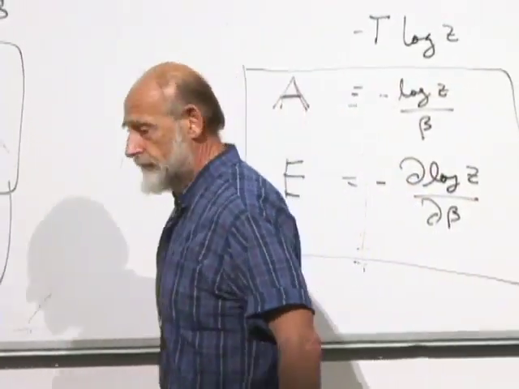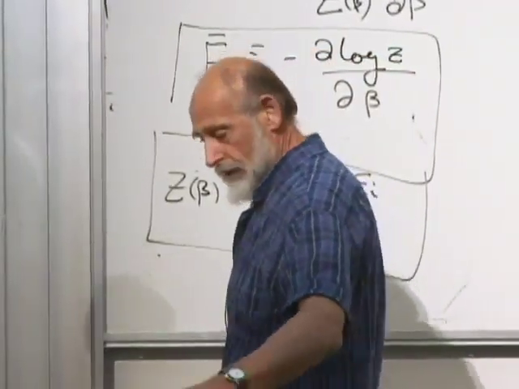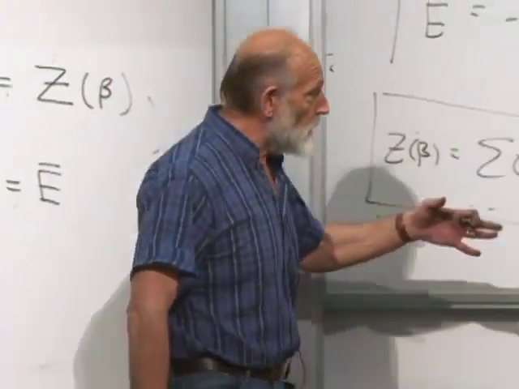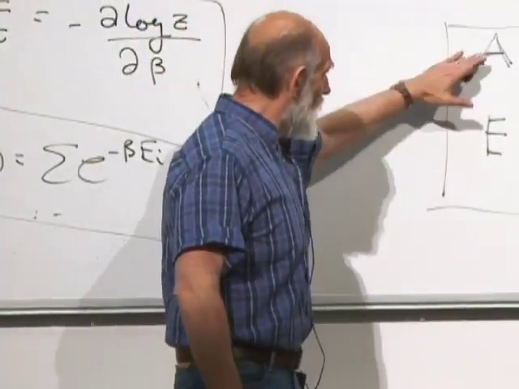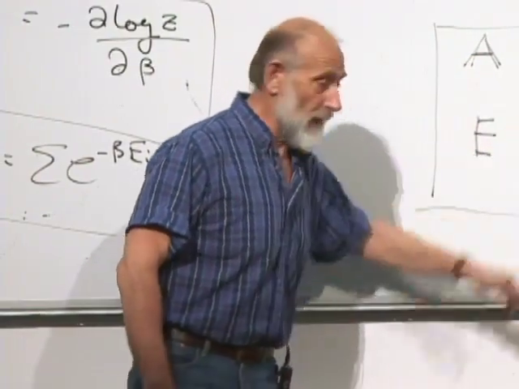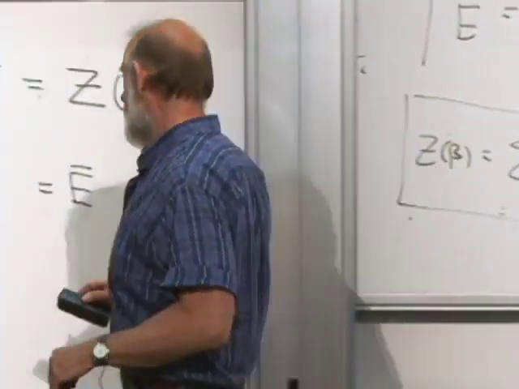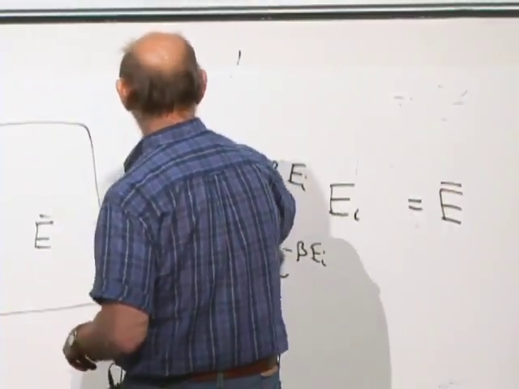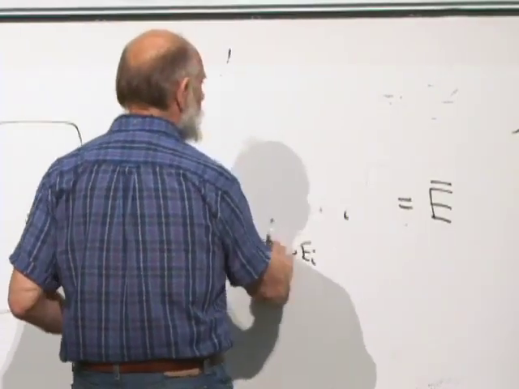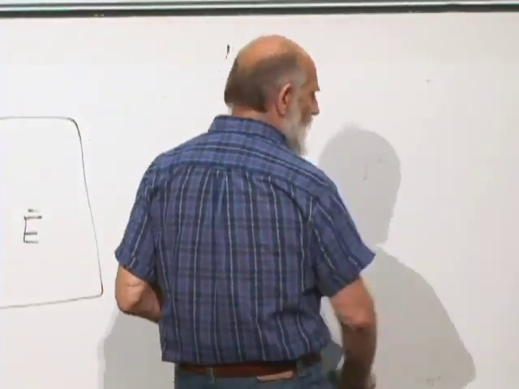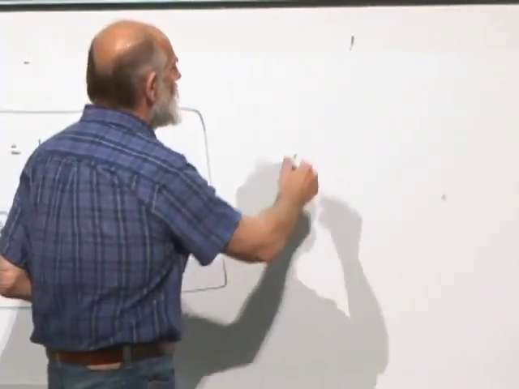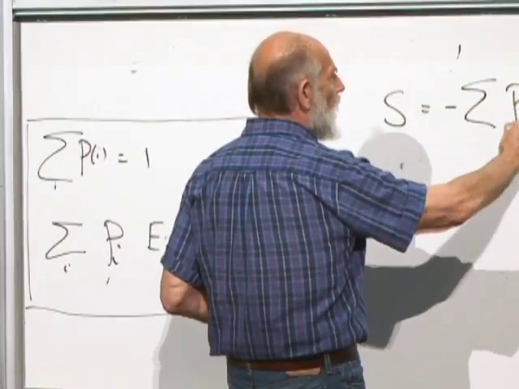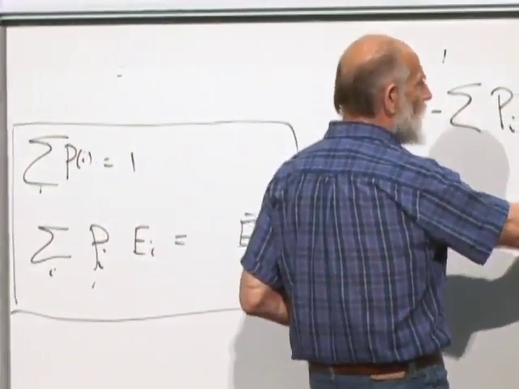All right, those are the two important quantities. And one more quantity is the entropy. So let's calculate the entropy. And we're going to find that the entropy is closely related to A and E, and of course, beta. The entropy is minus the sum of p sub i logarithm of p sub i.